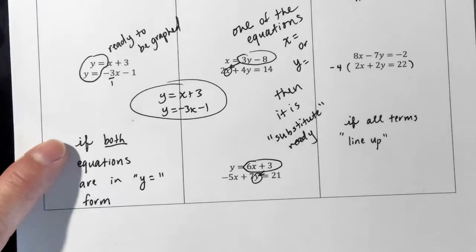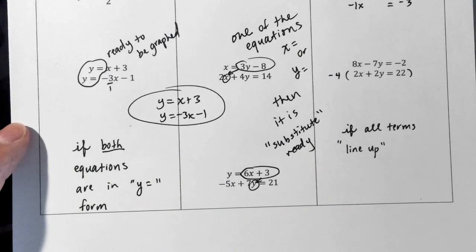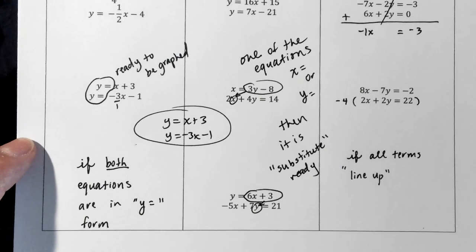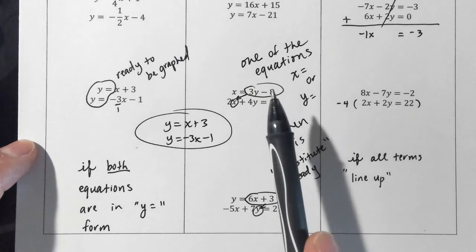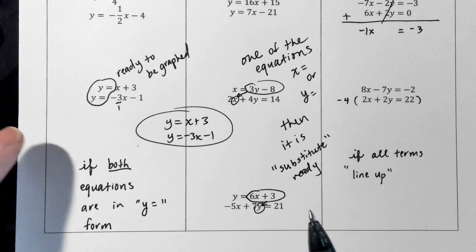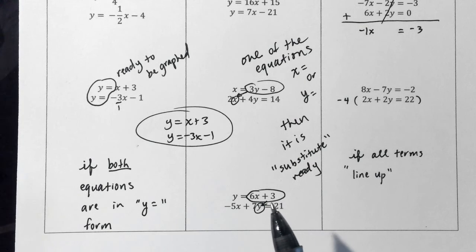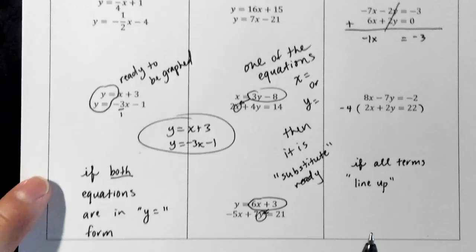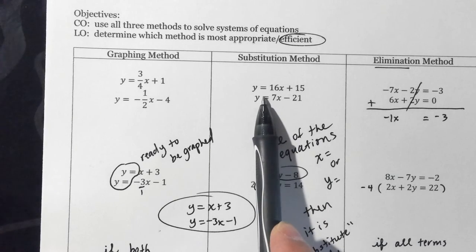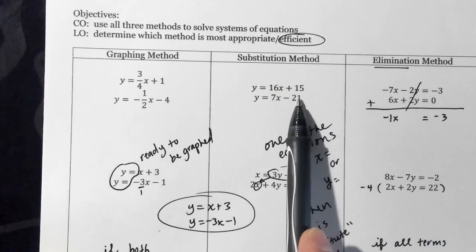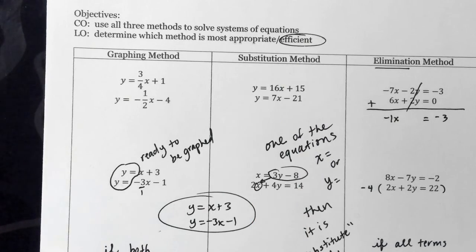So recap. All three terms line up, use the elimination method. If at least one of the equations has x equals or y equals, then it's ready for substitution. If both of them have y equals, and the numbers are large, then you use substitution.